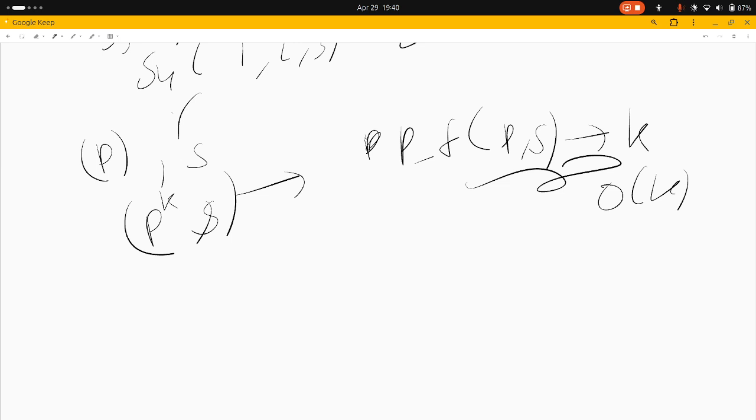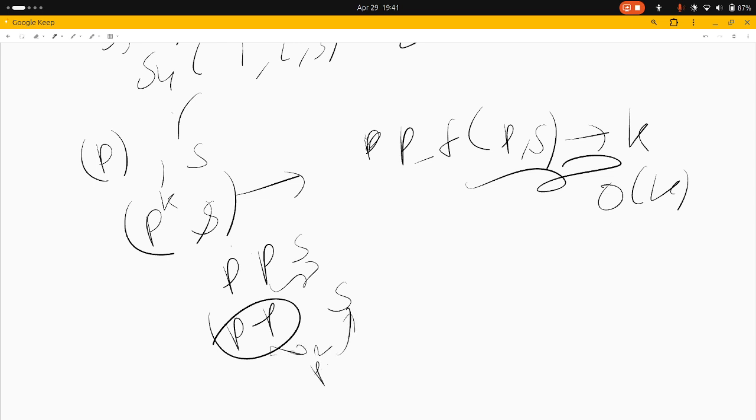To reduce the complexity and make the computation easier, we have to again take the binary exponential format. So instead of permuting S k times with P, we can follow another approach. This works because, for example if k is 2, instead of permuting a sequence 2 times, we can permute the permutation 1 time, and then with the resulting permutation we can permute the sequence.